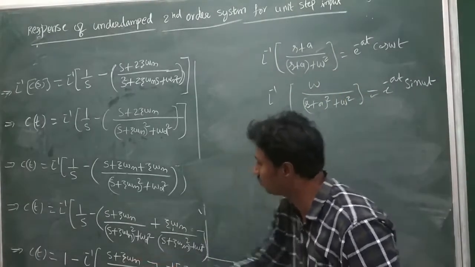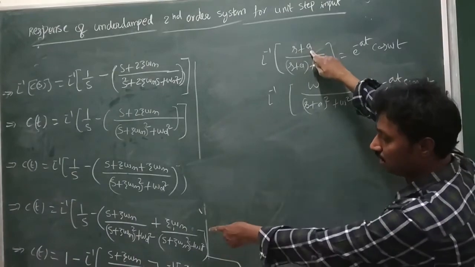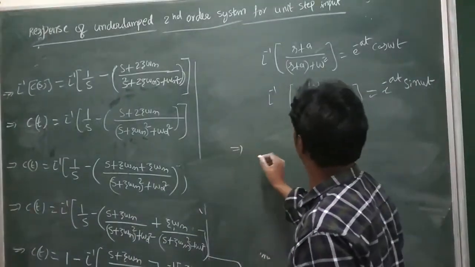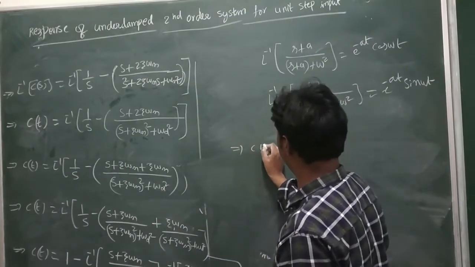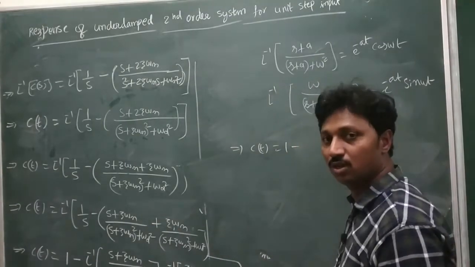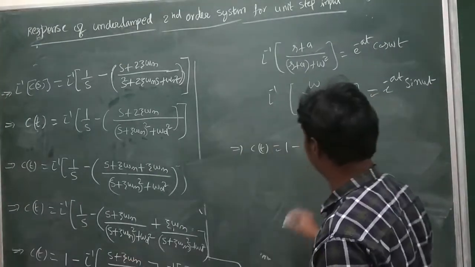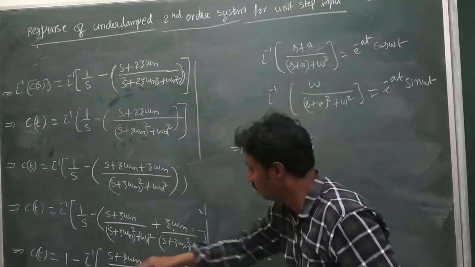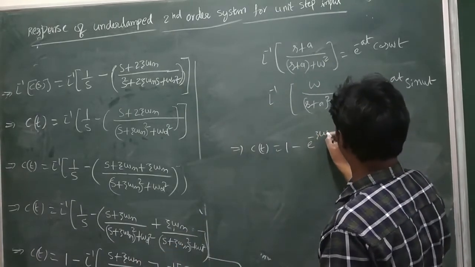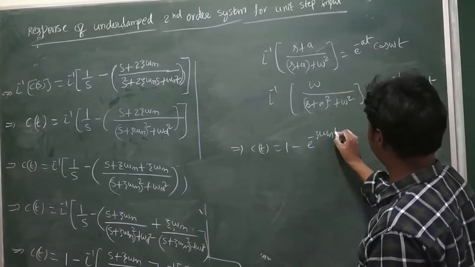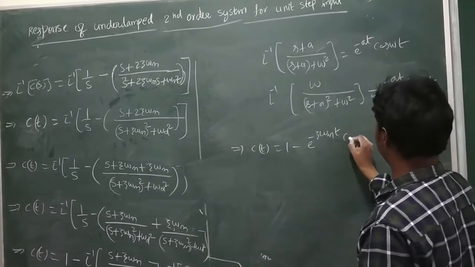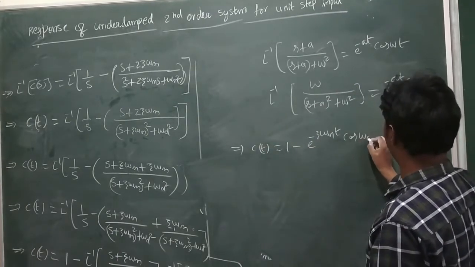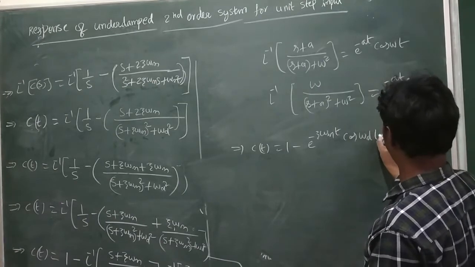Now this equation is like this formula. In s plus a, here a is equal to zeta omega n. So C of t is equal to 1 minus, I am going to write e raised to minus a t, where a is zeta omega n, and as per the formula there is cos omega d into t.